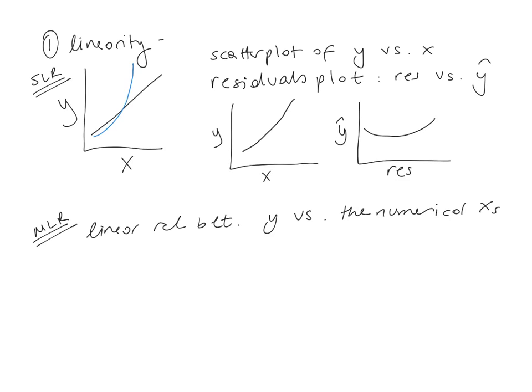Because you can't really have a linear relationship between, let's say, exam score and major. That's a categorical variable, the major. You won't be able to see a linear relationship. But between exam score and number of hours studied, there might be. If there was going to be a linear relationship, it would happen with the numerical explanatory variable, not the categorical.